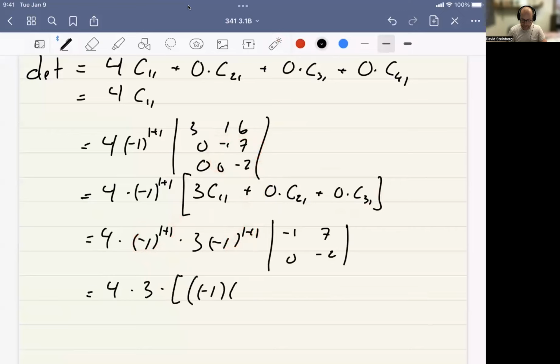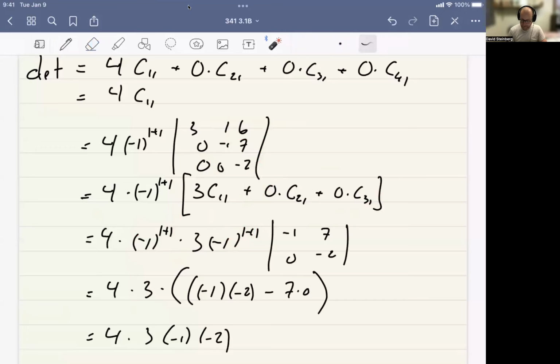Negative 1 times negative 2, minus 7 times 0. So this is actually just equal to 4 times 3 times negative 1 times negative 2, since that 7 times 0 doesn't contribute.